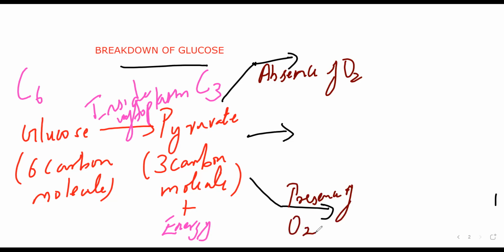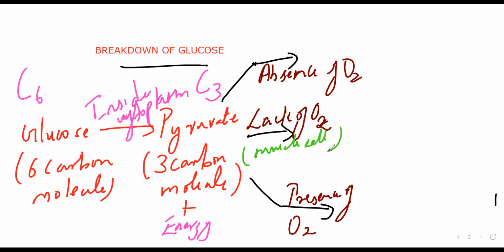Second case is what? Lack of oxygen. Little bit of oxygen I can put. Lack of oxygen. So this is mainly in our muscle cell, the second one. Where it is? In our muscle cell. So I'm just explaining here how this breakdown is happening.